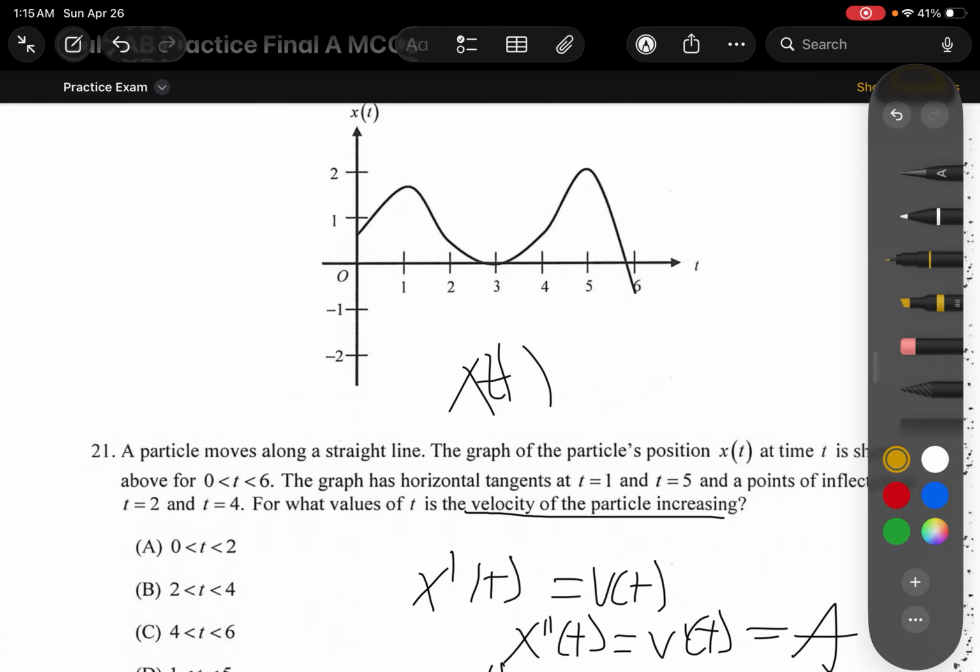We're trying to look for when the parabola is going to be pointing up, since it's increasing. So it is increasing from 2 to 4, because it's literally shaped like that. So that's going to be our answer.